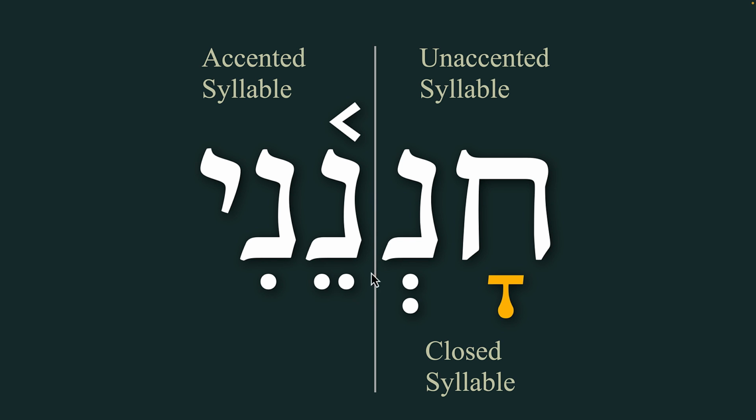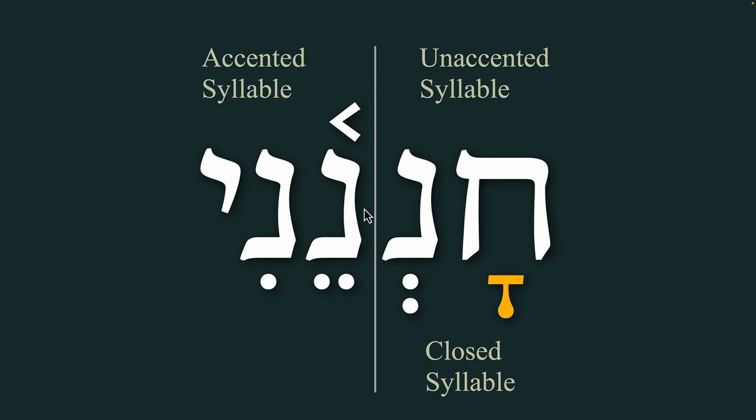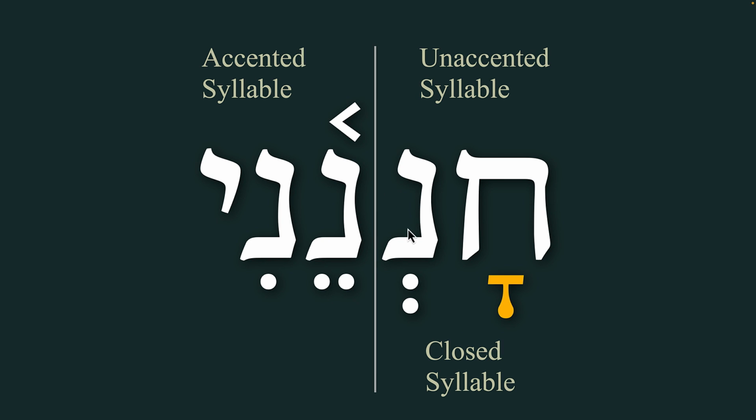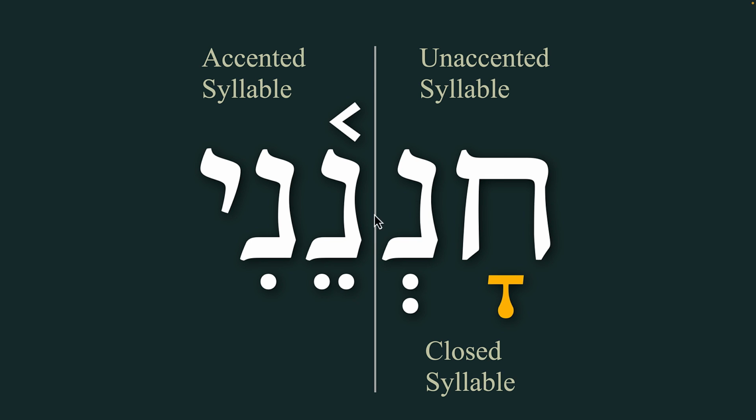Chonneni. So we split the nun into two because of the dagesh. It's called doubling or gemination. Essentially, the dagesh is nothing but two nuns. Chon plus neni becomes chonneni. The gemination or doubling of the nun sound comes because of these two nuns.